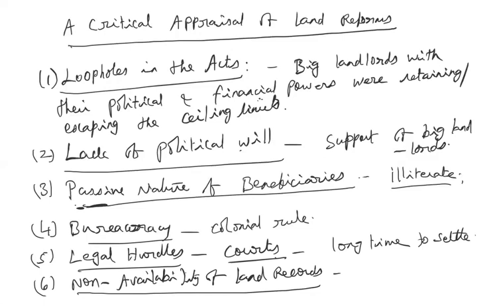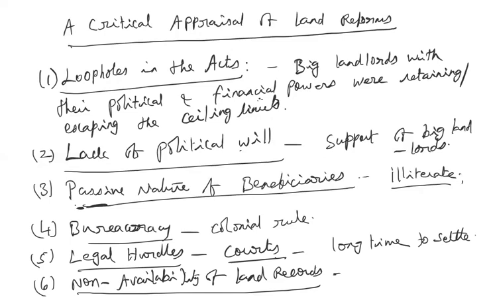In the remote corners of the villages, who is maintaining the land records, like who are all the landowners, how many small and marginal farmers are there, what is the ceiling limit, how many members of the family are there, how much percentage is dry land, how much percentage is wetland, how much percentage of the landlords are having excess land. So there are so many records that have to be maintained in the registrar office. That kind of land records are not available in all the villages of the country.